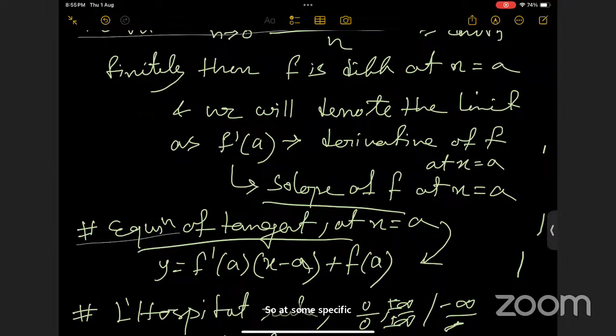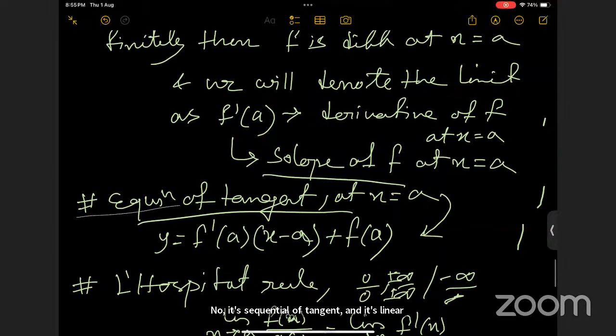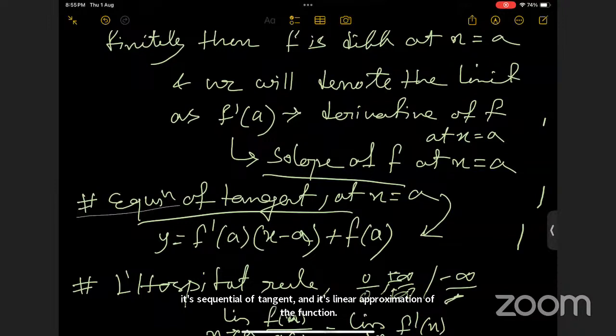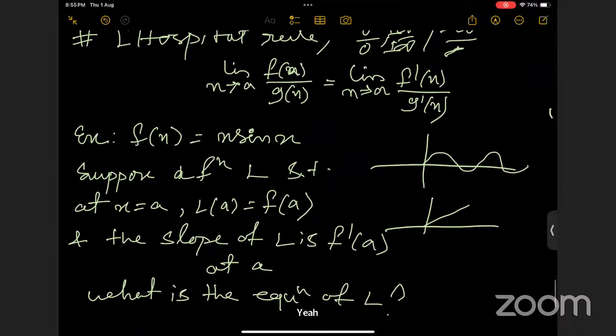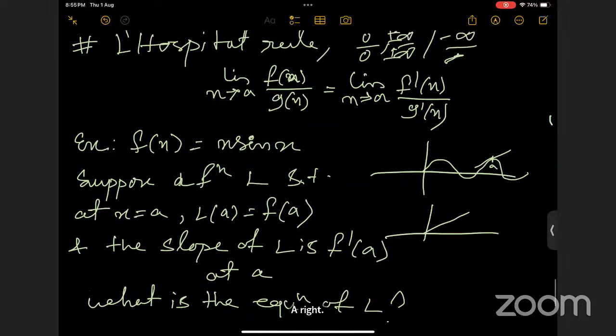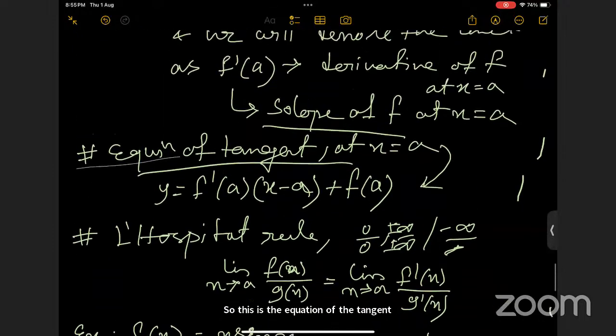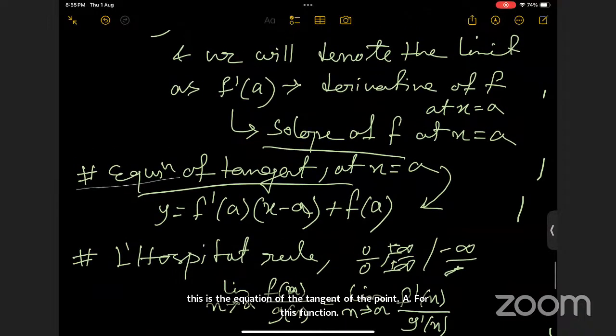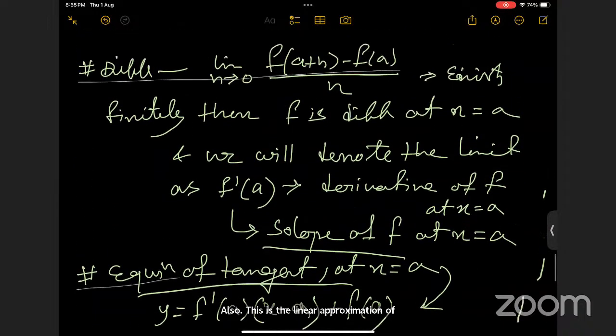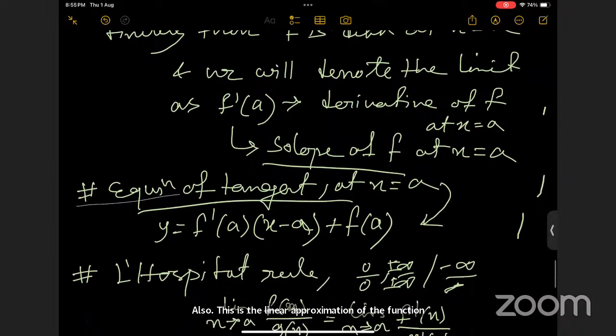No, it's the equation of tangent and it's also the linear approximation of the function. The equation of tangent can be used to approximate values. This is the tangent at the point x equals a, so this is the equation of the tangent at the point a for this function. Also, this is the linear approximation of the function near this point. This is basically the same, okay?